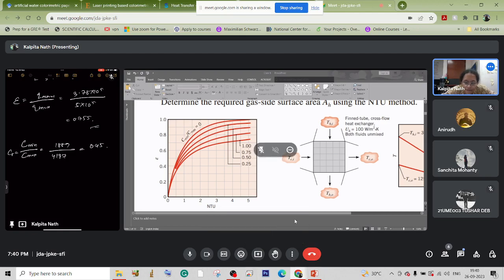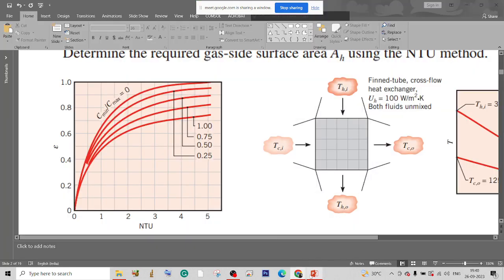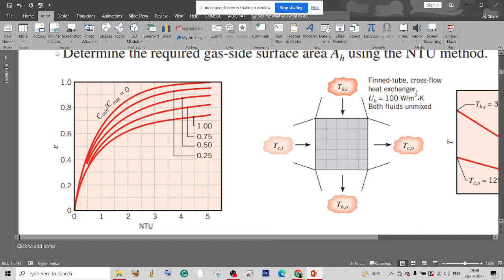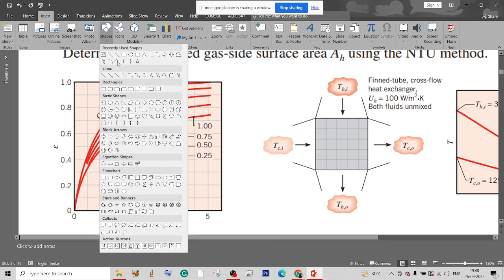Are you getting that? Hello? You just have to take the curve. What is the curve for capacity ratio? And then you have to point out from effectiveness. Let me draw a straight line, then it will be easier for you.